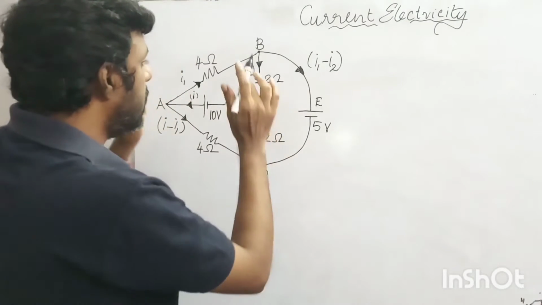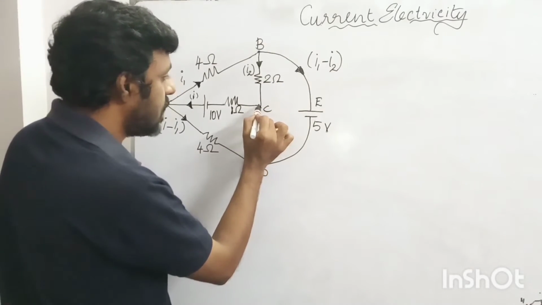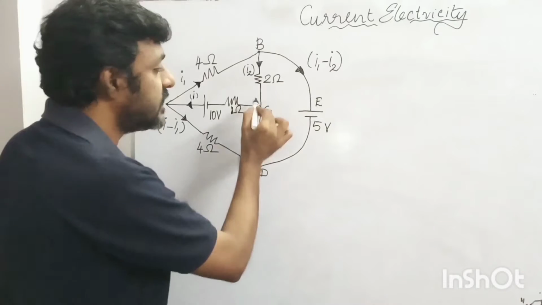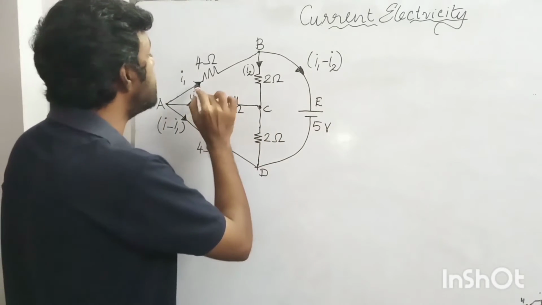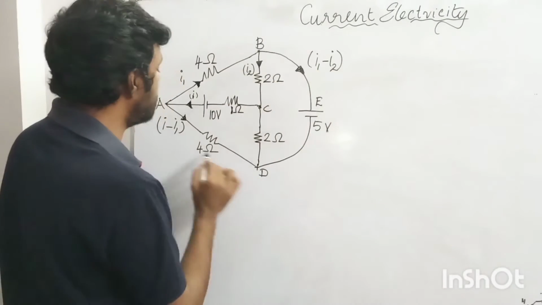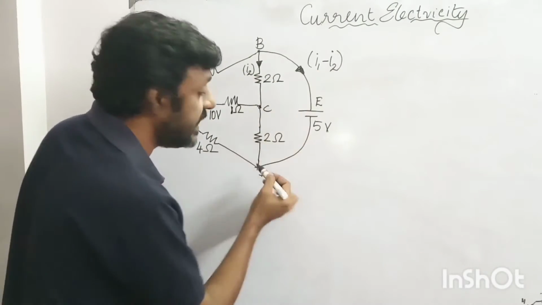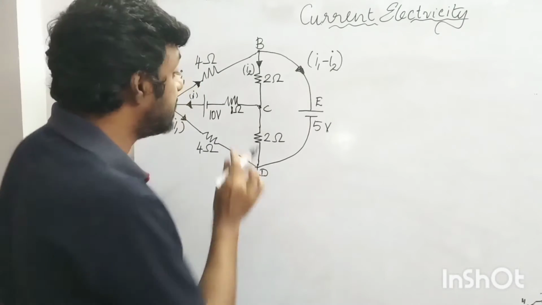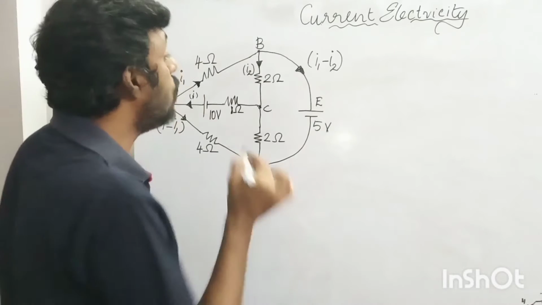So now what is going to happen at this junction C? We have analyzed that the current is flowing across all the branches, but for the branch CD we haven't analyzed what the current is. So in the branch CD another current will flow.